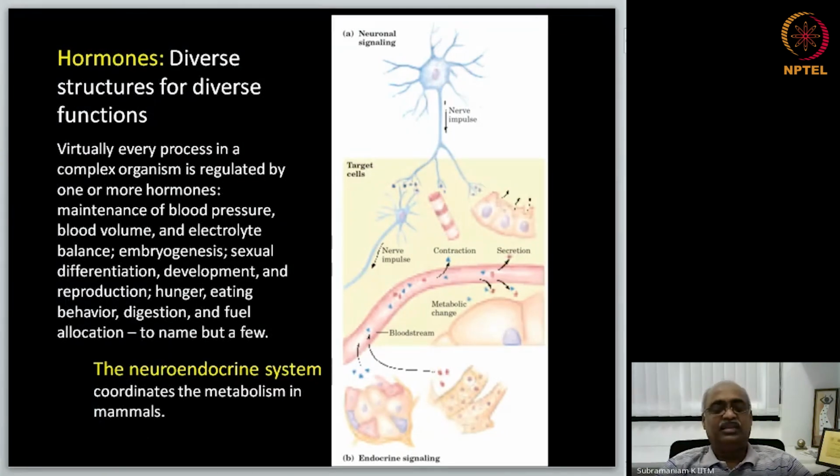So here the main focus is the connection of the endocrine gland with neuronal signaling. So we call this the neuroendocrine system. Neuronal signaling is essentially an electric impulse due to changes in the concentration of ions, the ions inside the axon versus outside.